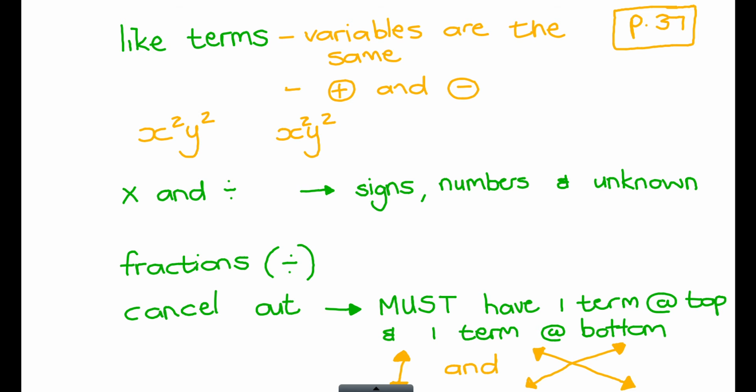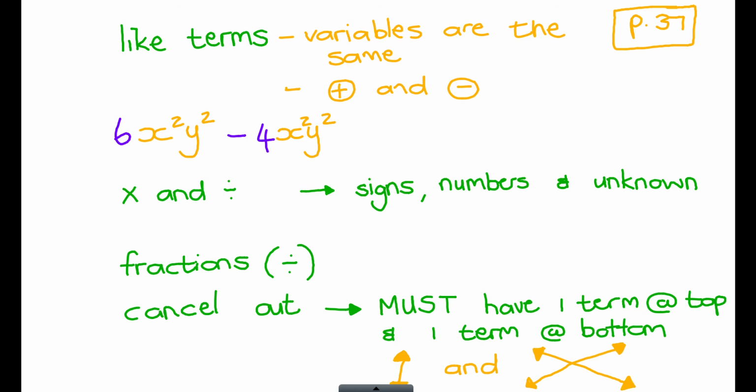Now, remember that if I have this 6x squared y squared minus 4x squared y squared, because the coefficient is now the number in front of those unknowns. So the 6 and the 4, they aren't the same. Are they still like terms? Yes. Okay, so it's not the coefficient that we have to look at, it's the variables, the unknowns.